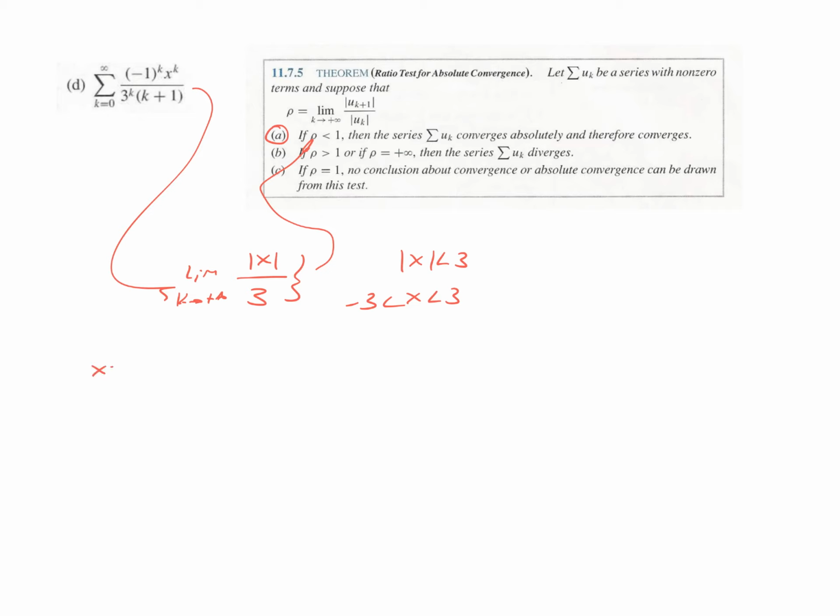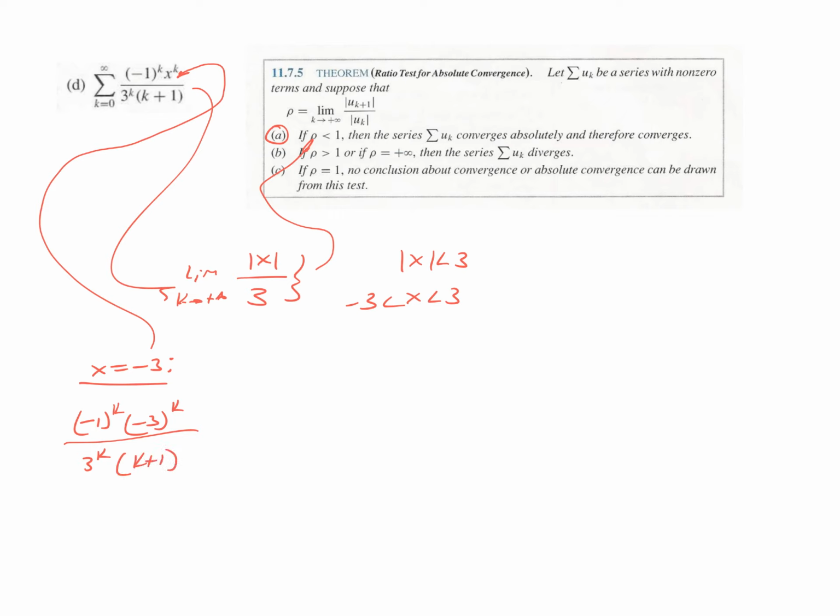So let's consider x equals negative 3. So remember, that goes into the original series in for x right there. And what do we get? We get negative 1 to the k, negative 3 to the k, over 3 to the k, k plus 1.